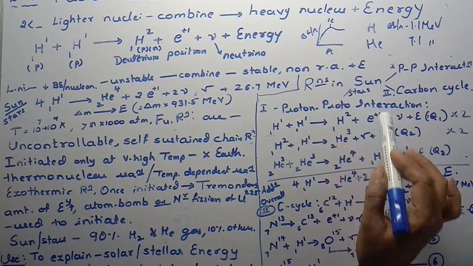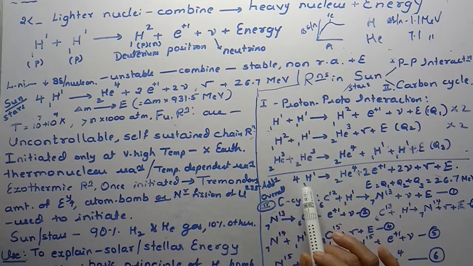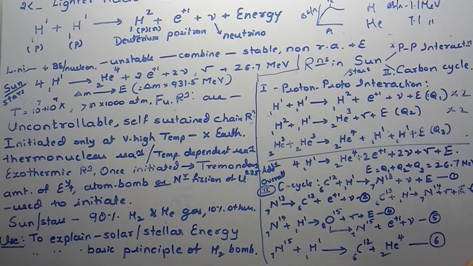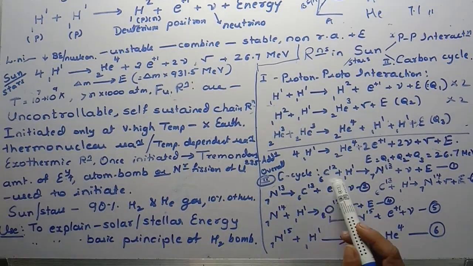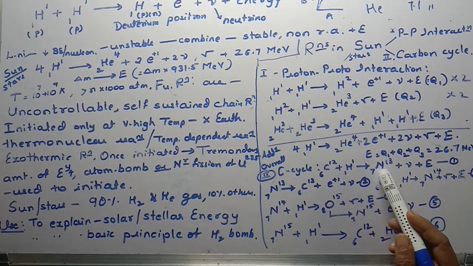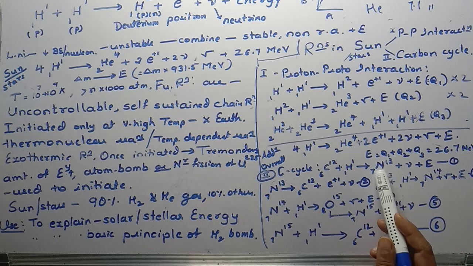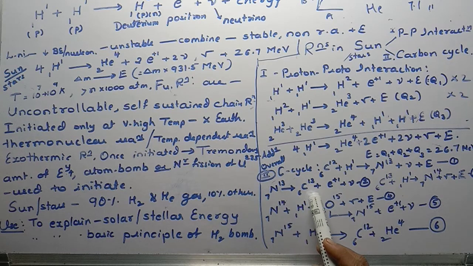The same reaction in some other stars, that is the combination of 4 hydrogen atoms, can be explained through the carbon cycle. In the carbon cycle, carbon 12 first reacts with a hydrogen atom, giving nitrogen 13. Nitrogen 13 is a radioactive isotope of nitrogen and undergoes decay, giving carbon 13.